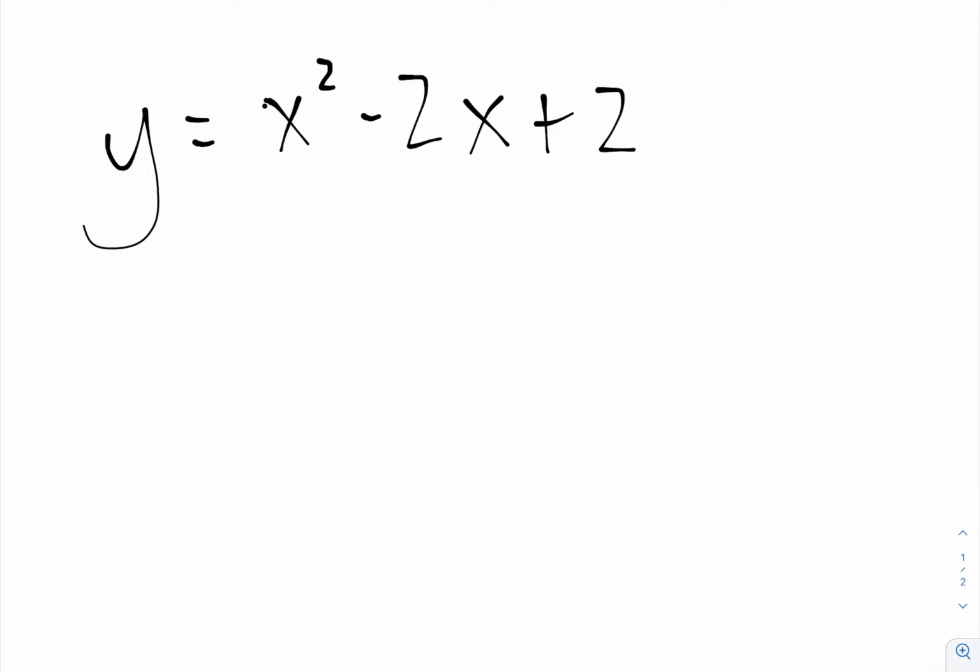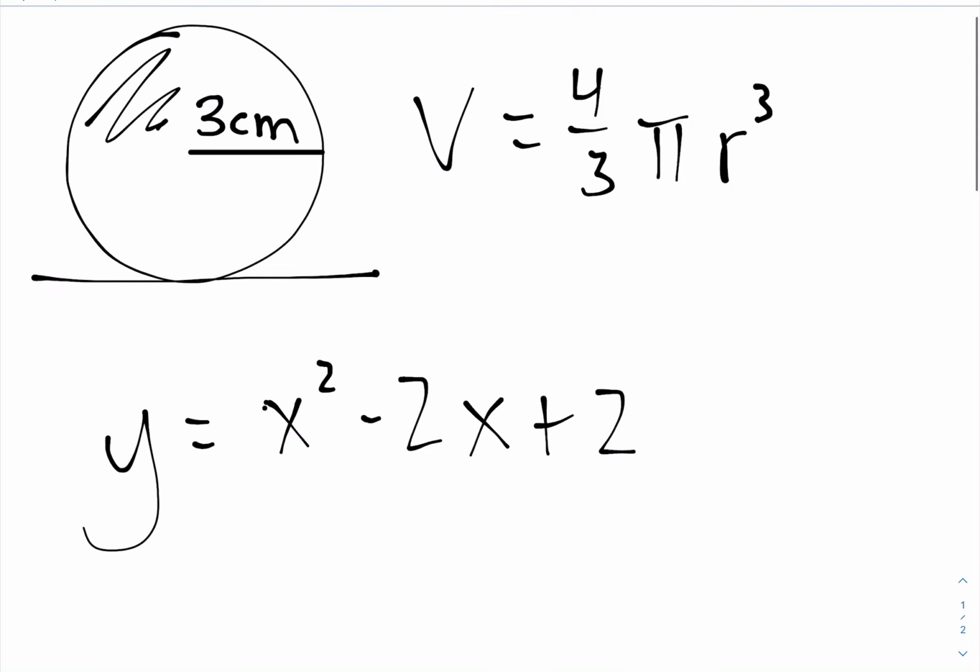Well, typically people would complete the square, or they'd use the formula x equals negative b over 2a. That's your x coordinate of the vertex. Once you have your x, you can plug that in to figure out what the y coordinate of the vertex is, and so on, this whole process. But with calculus, we can figure out the vertex of this almost instantly without doing all the extra work.